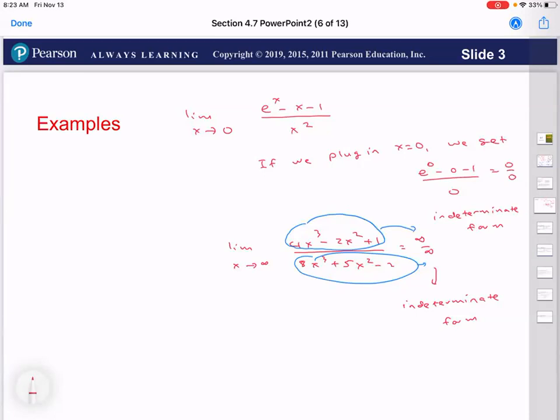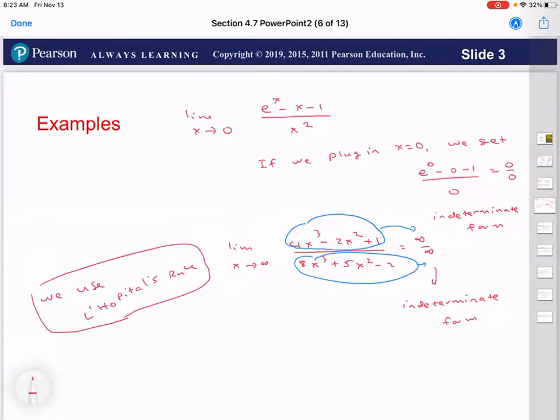These are the types of problems in which we use L'Hopital's rule. Do you understand this?